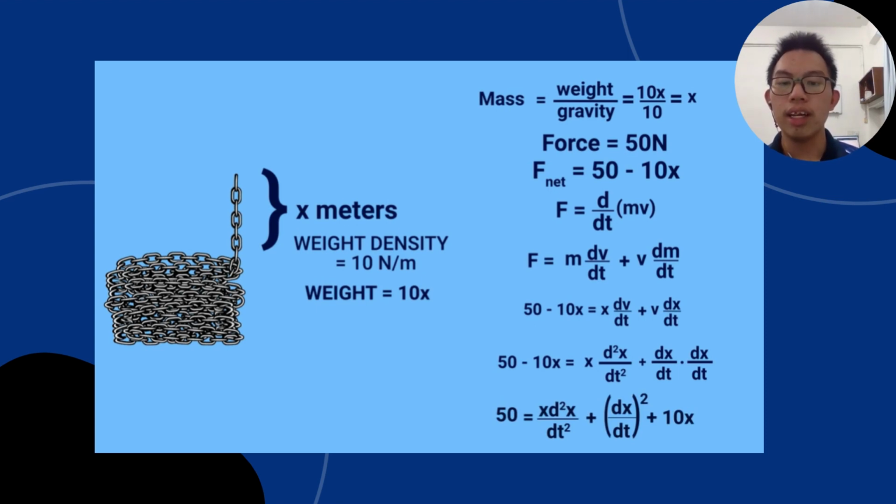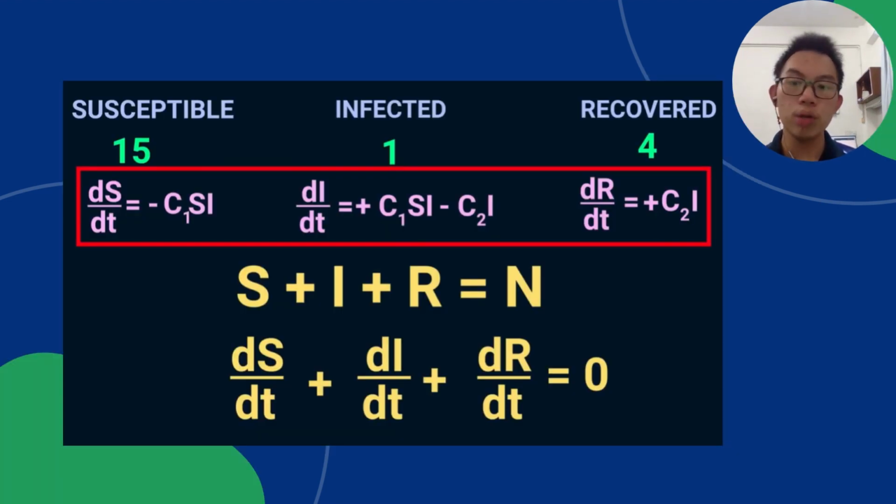This one shows that the force and the weight are changing when the power lifter lifts the chains. This one shows one of the hot topics, which is coronavirus. So this one shows the susceptible, infected, and recovered, and their rates.